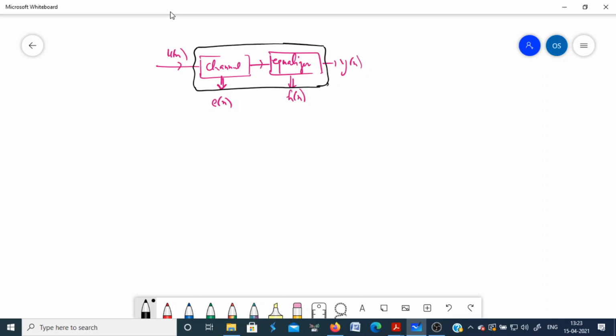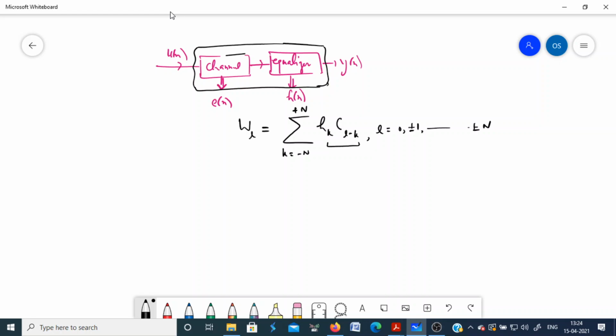Since the two systems are in cascade, the overall impulse response, let us suppose I denote it W, is the convolution between C and H. You can write it as the summation of H of K into C of L minus K, K from minus N to plus N, L from 0, plus minus 1, up to plus minus N. So this is a simple equation of convolution.